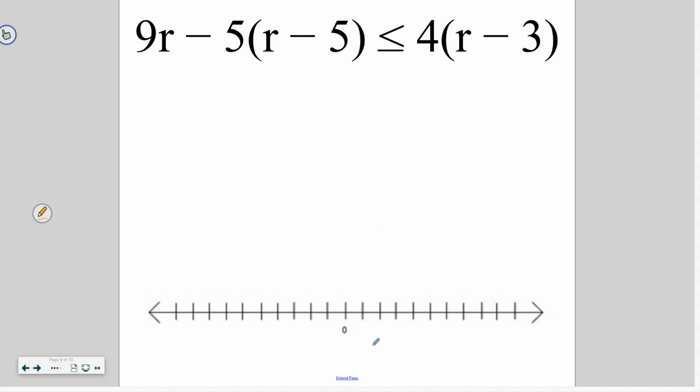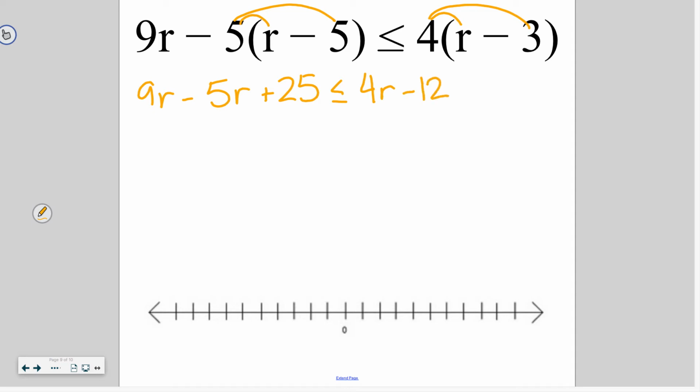Last case that we're going to look at, again, this has those parentheses in there, so we want to get rid of those parentheses by distributing. So I get 9r minus 5r plus 25. Notice the -5 times the -5, so we get a positive, is less than or equal to 4r minus 12.